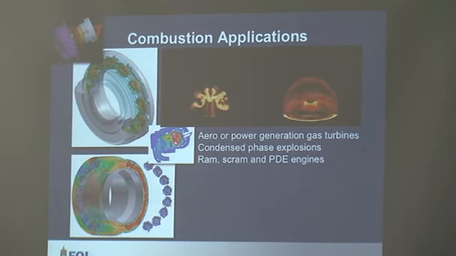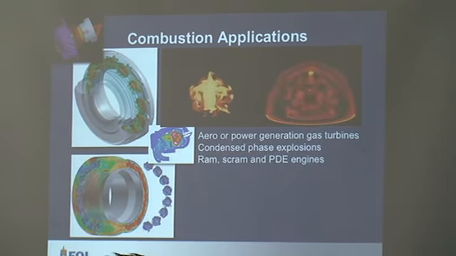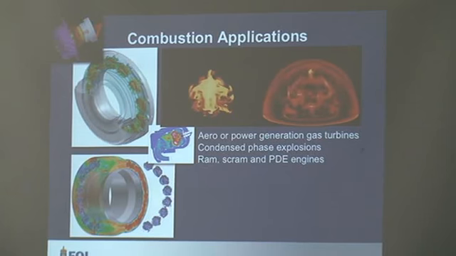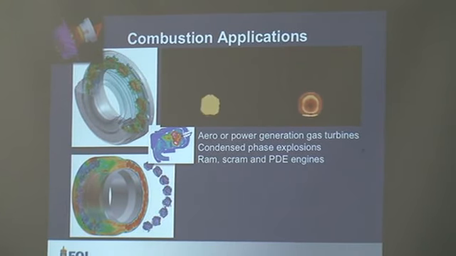Is it chemical? This is a TNT explosion, HMX explosion. So it's pretty standard. It's not a complicated explosive, but still you have a lot of physics there. And what they're interested in is putting particles and droplets and have really multi-phase interactions in there.